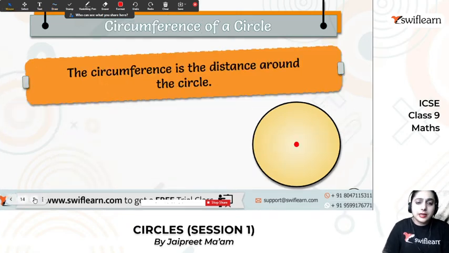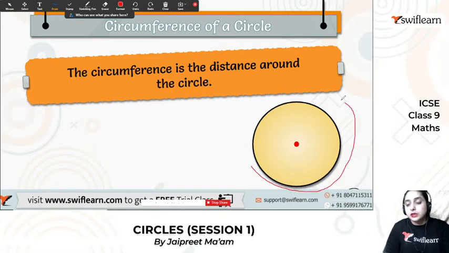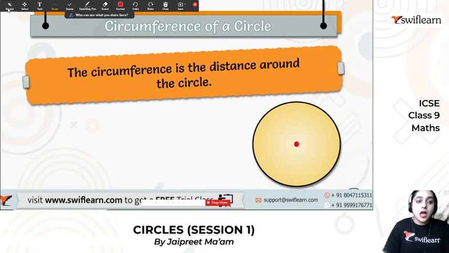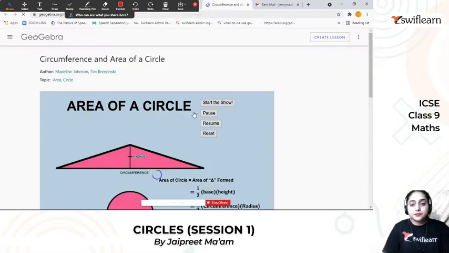So let's learn one more thing related to the circle, and that is circumference. As I have already told you, this outer distance, the distance around the circle, is known as the circumference. Let's visualize how the circumference looks.